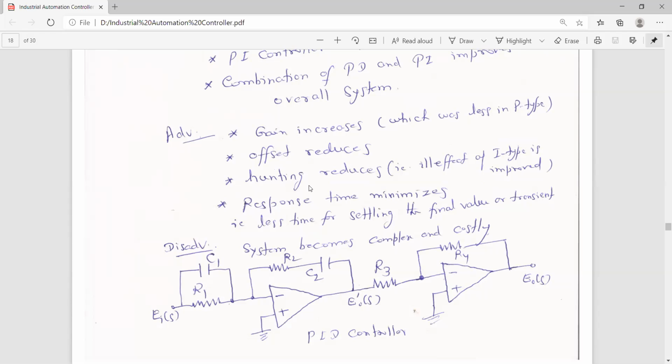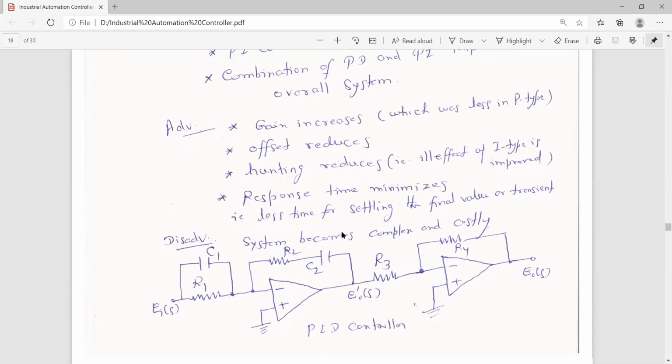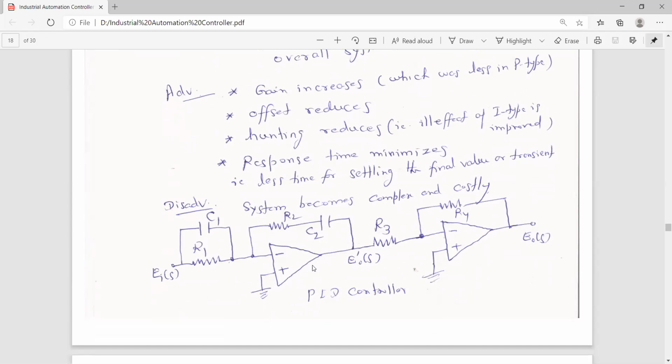Hunting was a problem when integral was used alone, and this is improved. Response time improves as the settling time becomes smaller, so the system response becomes faster. That means the advantages of all three are available here.